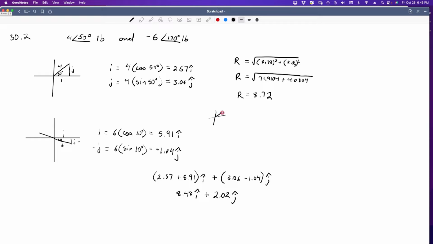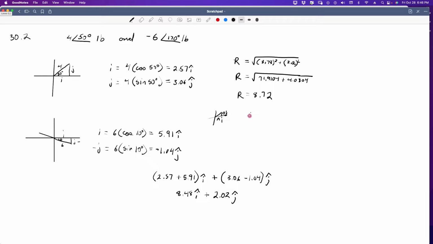That means the j side is going to be the opposite and the I side is going to be the adjacent. So that little sketch will help you figure that out. So this is the j and this is the I. Okay, so the opposite is j and the adjacent is the I.